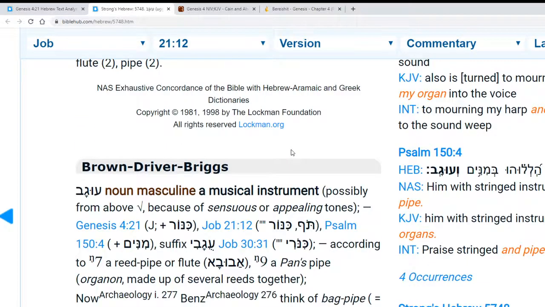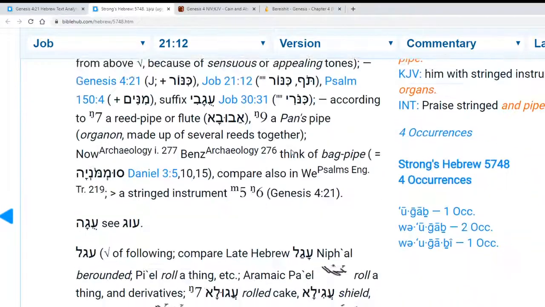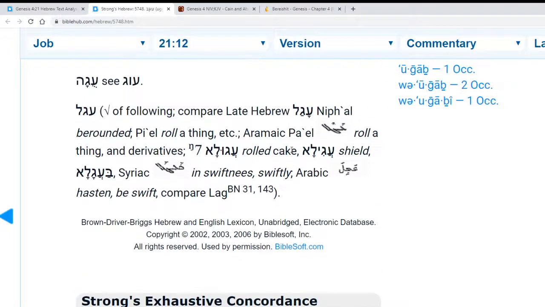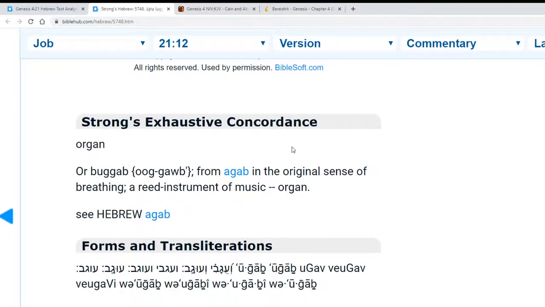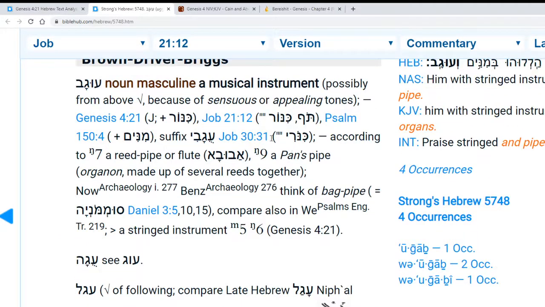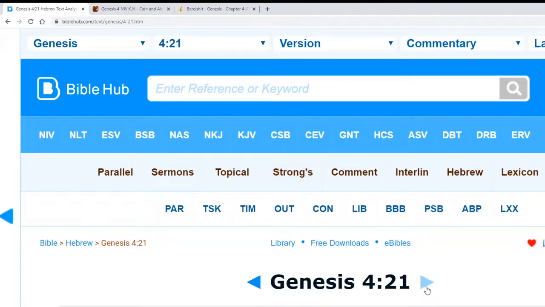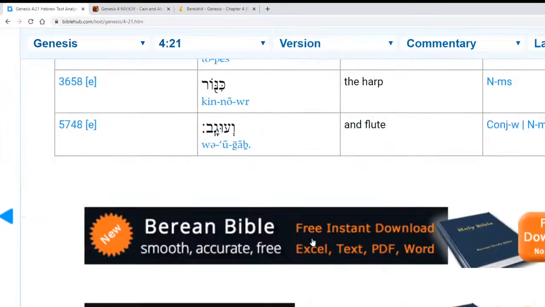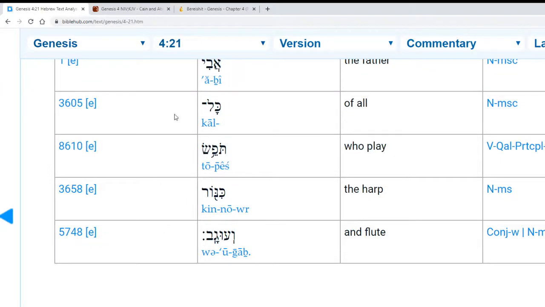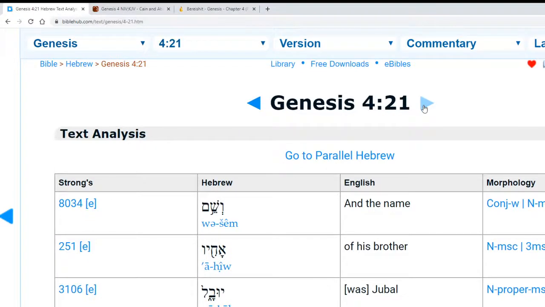And ugav shows up in the Bible 4 times. So I guess maybe ugav is related to agal, maybe, maybe not. But it does definitely make sense to me that both of these would be instruments. Kinor definitely is. It's a commonly used word. Harp.